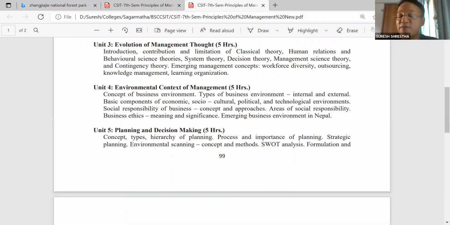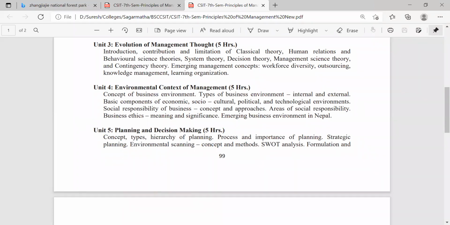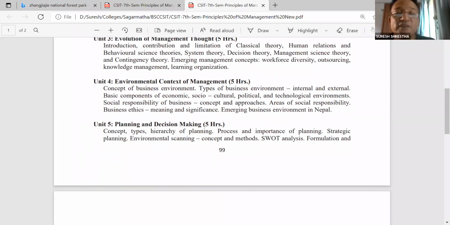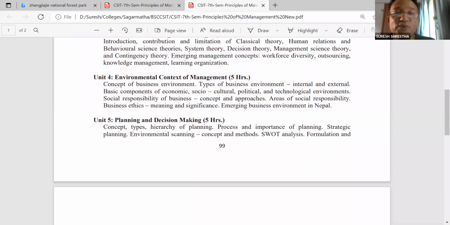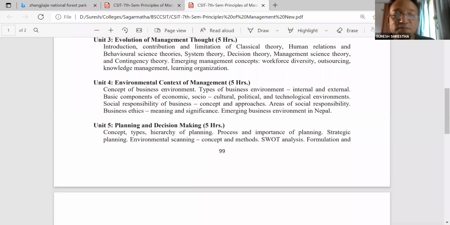So we'll talk about this evolution from the very beginning, from F.W. Taylor's scientific management onwards, we'll talk about the principles of management and the bureaucratic kind of organization. So these are the different approaches and different theories that are there in management. That is basically covered in unit 3, right?